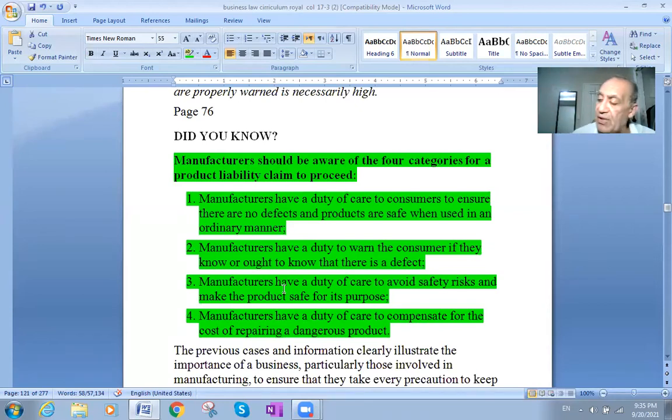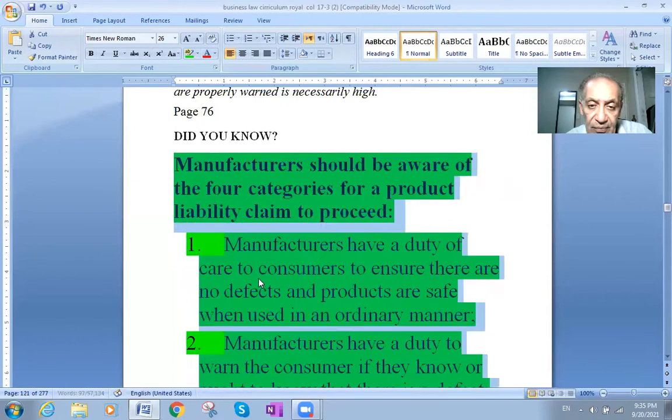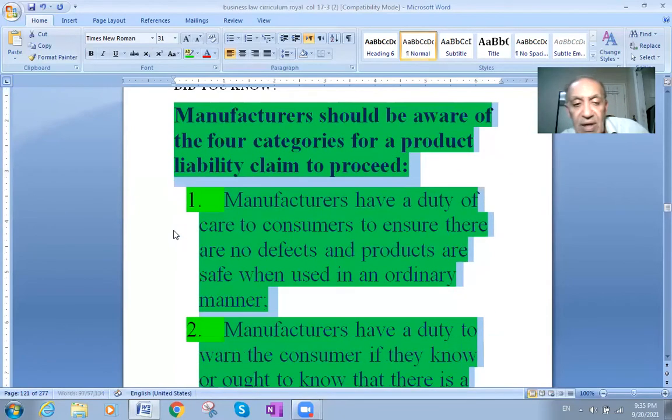So I have to be aware of the tort law and this point. Here we have very good sentences also. Manufacturers should be aware of the four categories for a product liability claims.